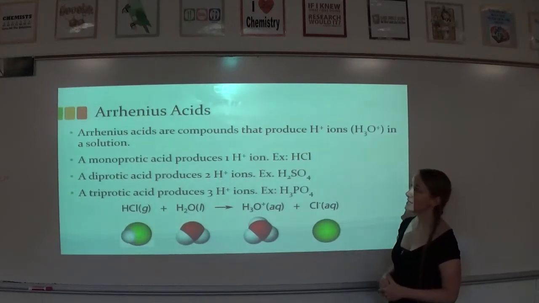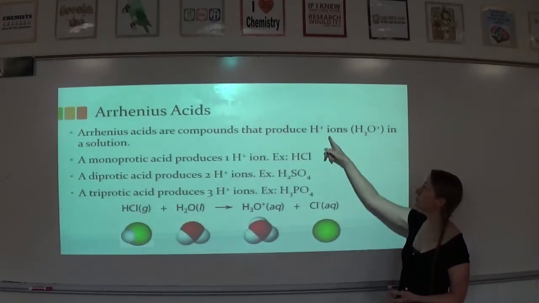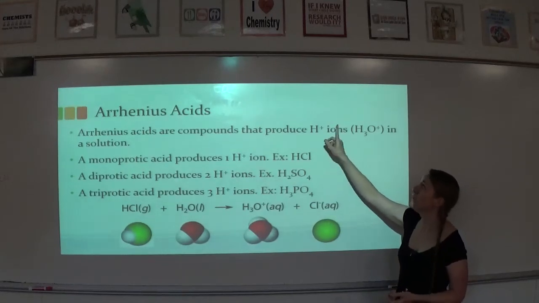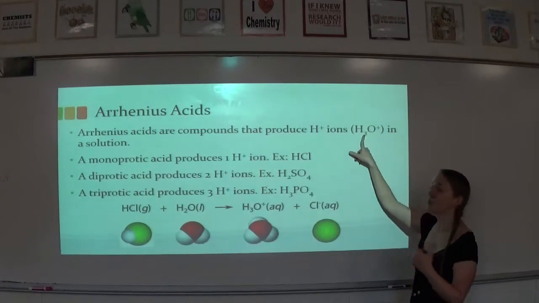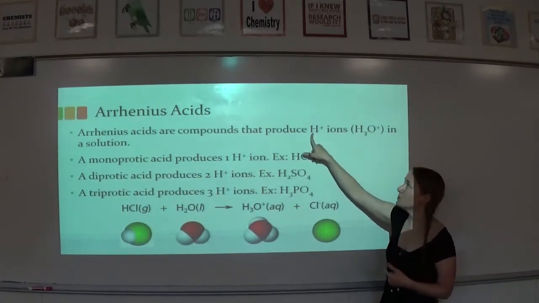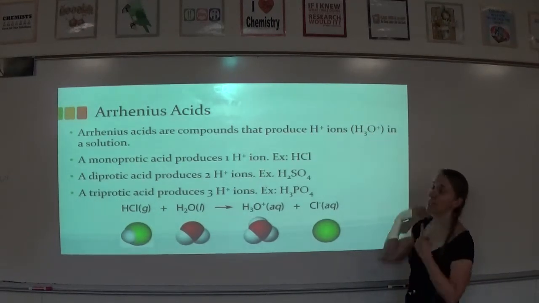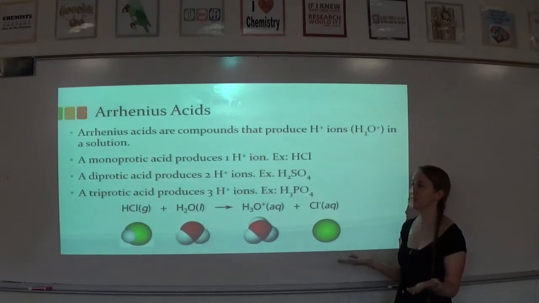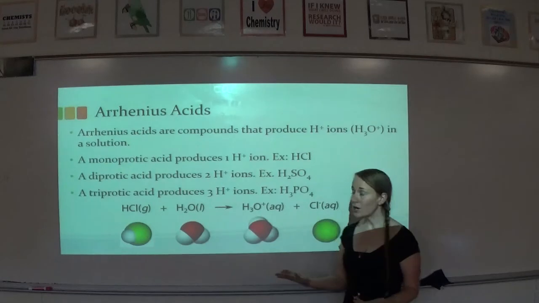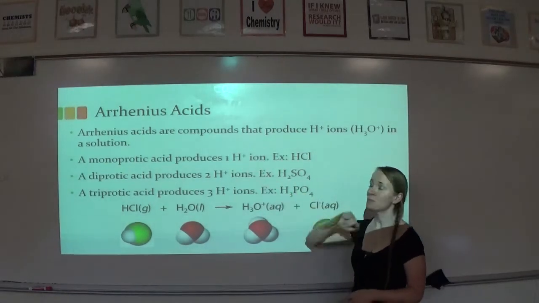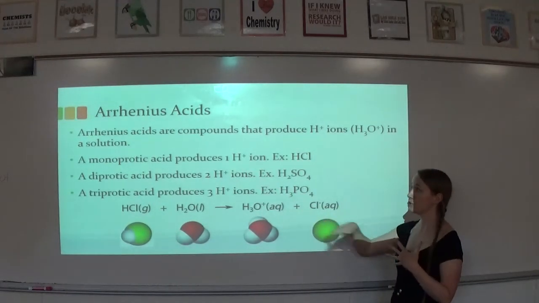An Arrhenius acid is a compound that produces H+ ions in a solution. When H+ ions bump into a water molecule, it will form an H3O+. Sometimes you'll see H+, sometimes you'll see H3O+. We use those to mean the same thing. A monoprotic acid, well, mono means one, contains one H+ ion that can be released in solution.